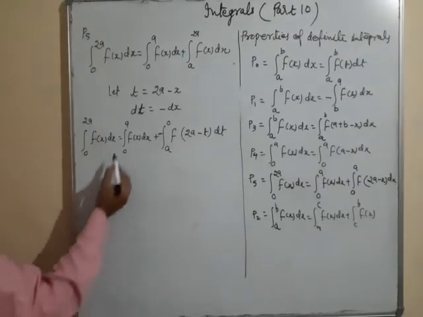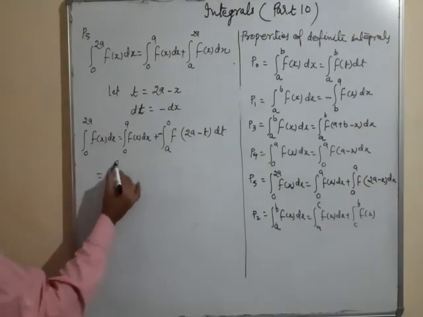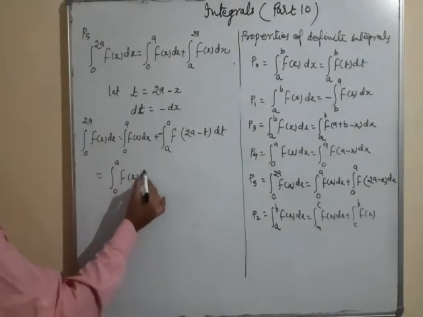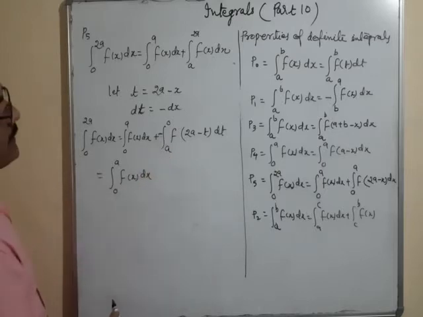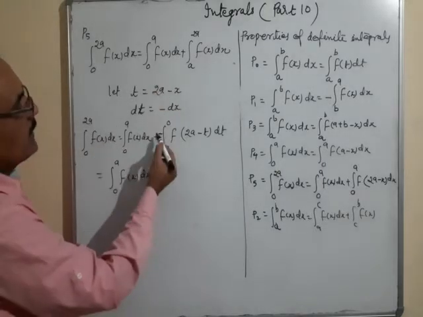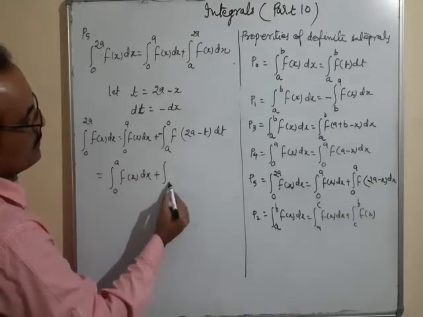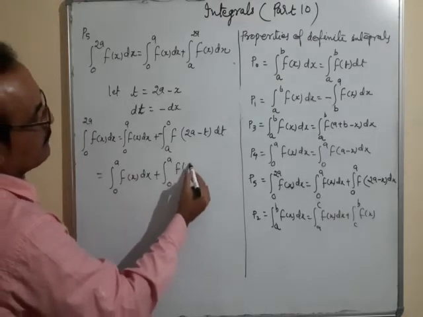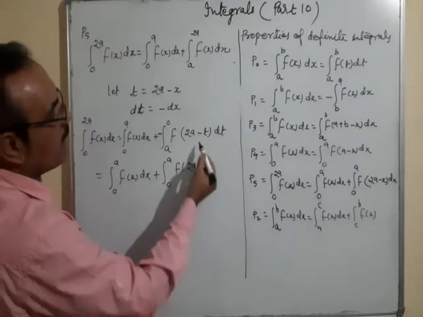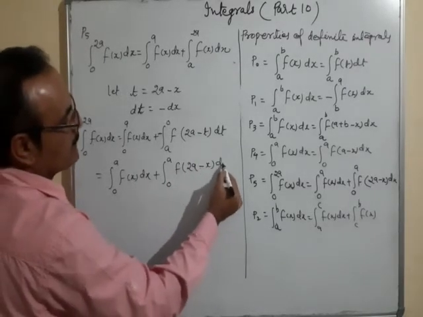Okay, so what is this? The integral from 0 to a of f(x) dx plus, minus minus. If you exchange the limits, the minus sign will cancel, so it is plus the integral from 0 to a of f(2a minus t) dt, or I may write here f(2a minus x) dx, same thing.